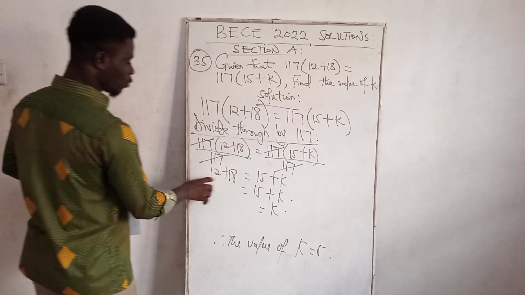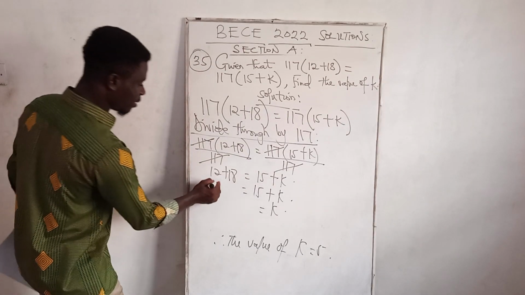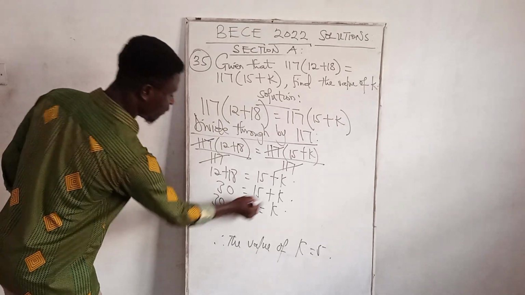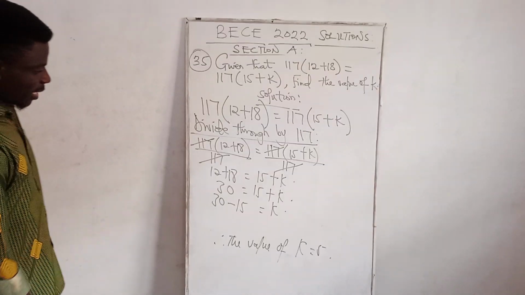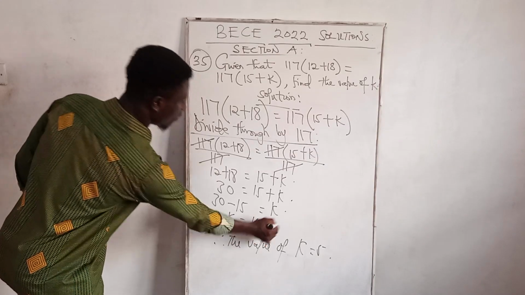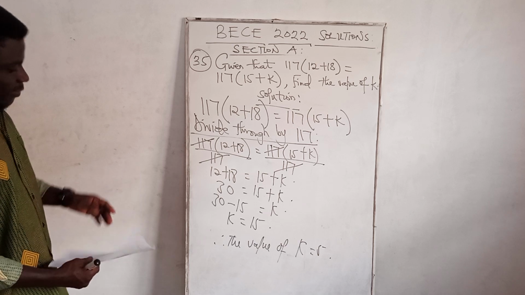So we get 12 plus 18, which gives 30. Then I get 30 minus 15, so k is equal to 15.